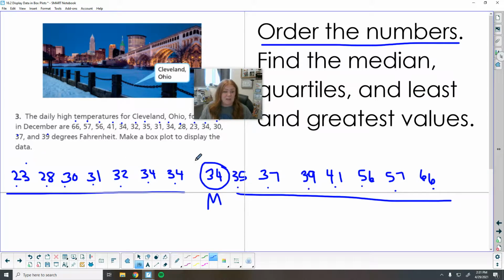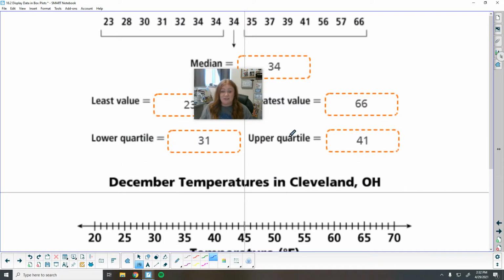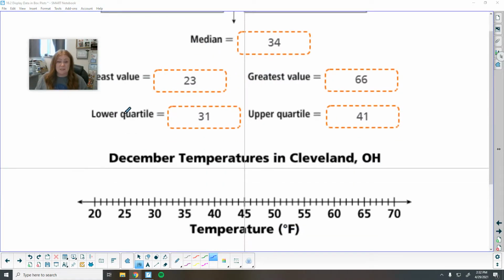Finding the middle here is 31. So Q1 is 31. And then finding the middle here is 41. So there's Q3. Now we can use this information to make this box plot.